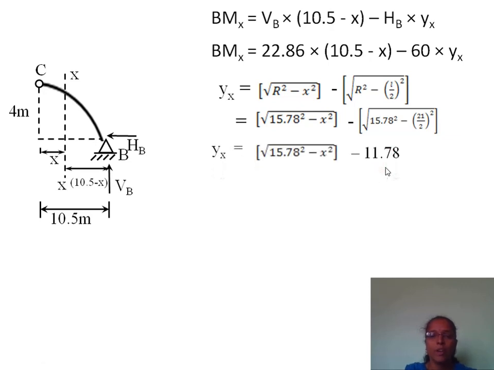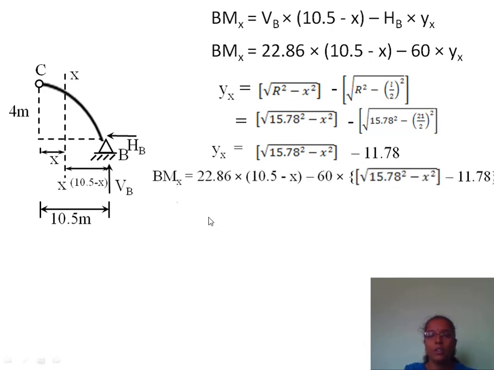If you simplify it, YX will be equal to square root of 15.78 square minus x square minus 11.78. Let us substitute this into the bending moment equation: 22.86 into 10.5 minus x minus 60 into root of 15.78 square minus x square minus 11.78.